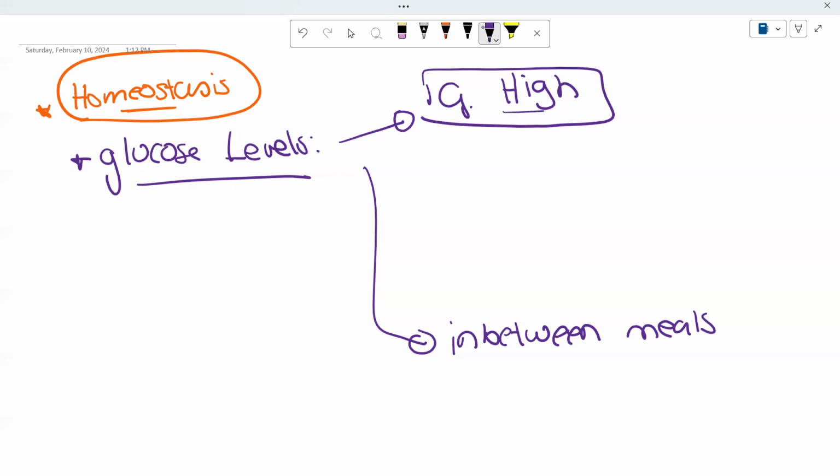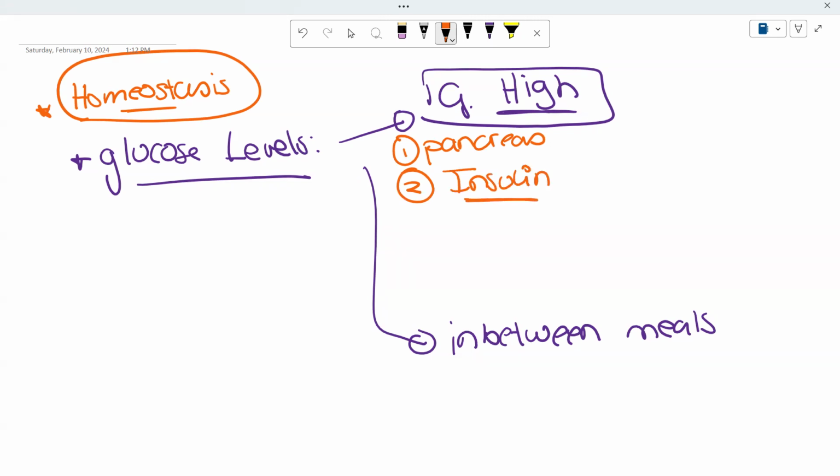When your glucose levels are very high, this high glucose is going to be detected, number 1, by the pancreas. Number 2, the pancreas will take action. The pancreas will not allow the glucose to remain high. The pancreas will lower the glucose. The pancreas will release one of 2 hormones, known as the insulin hormone.